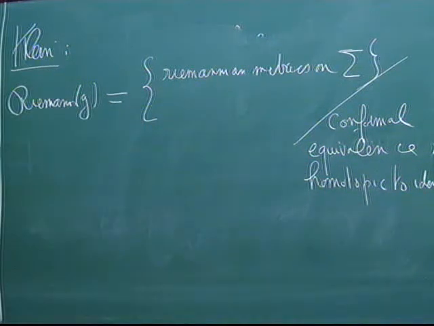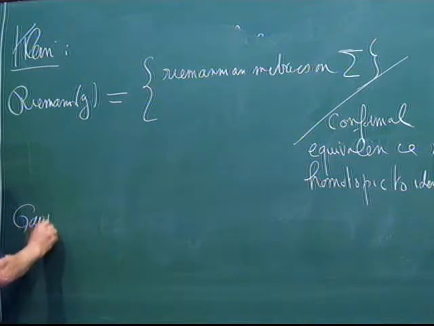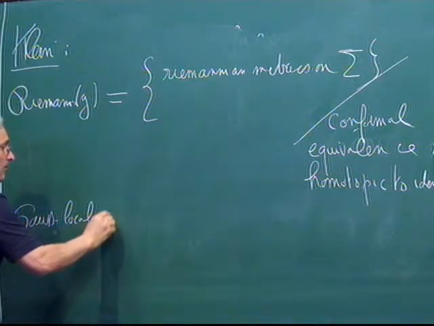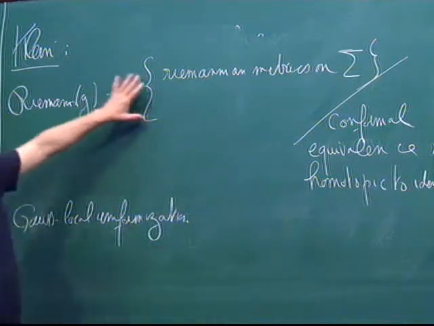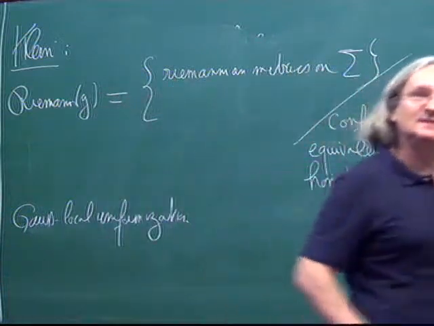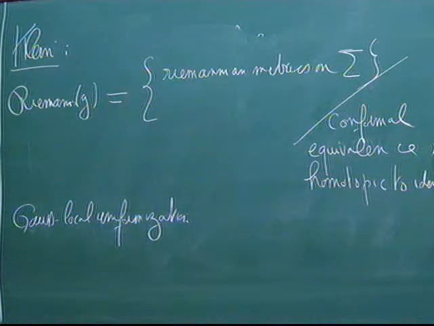So why is it so? Well, this equality between these two spaces is just what I call the Gauss local uniformization. If you give me a Riemannian metric on the surface, then locally you can make it conformal to an open set in C, and this local conformal map is unique up to holomorphic change.